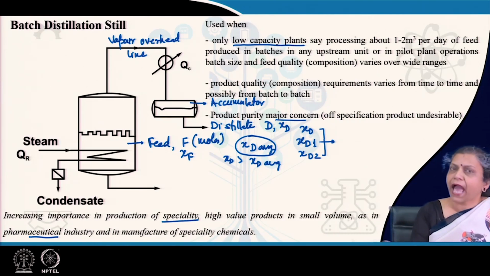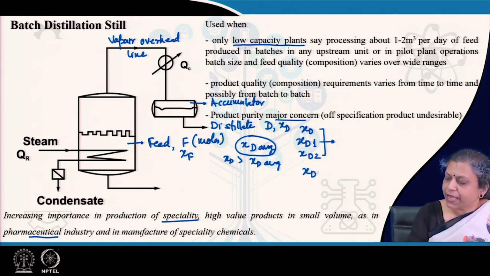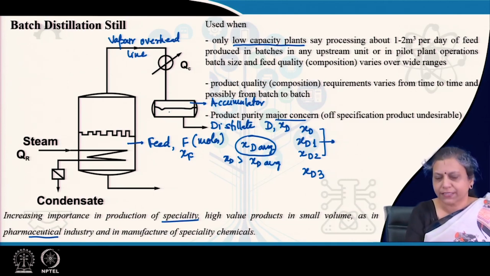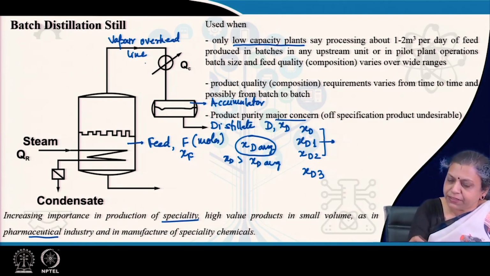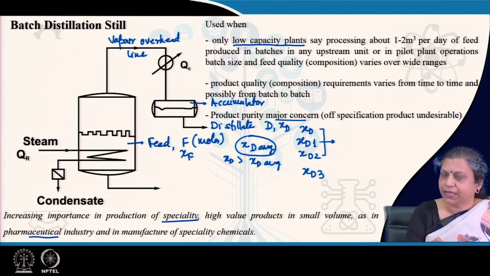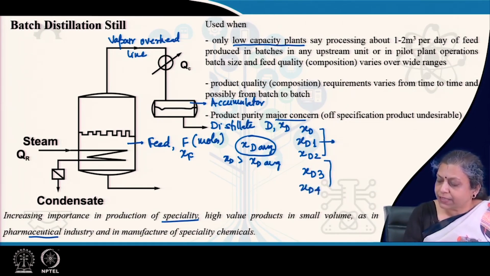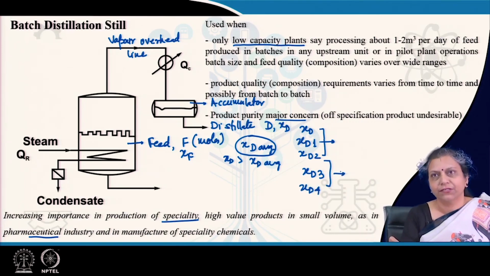Maybe you need another product which has a composition of say XD3. So, for that what we do? We have collected in one accumulator product whose average composition is XD1. Then we direct the vapor to another accumulator. In that particular accumulator, maybe we start collecting from XD2 to XD4, such that the average composition is XD3.